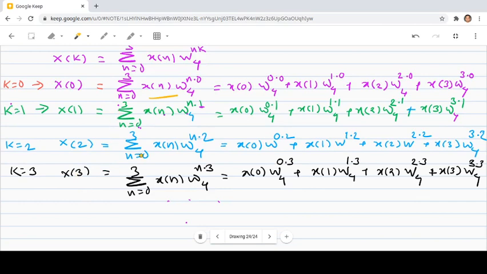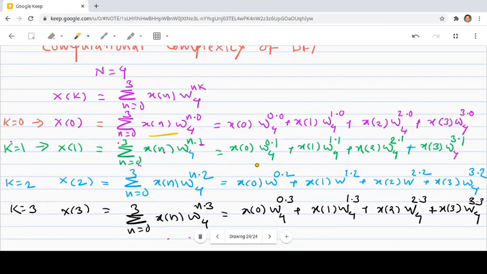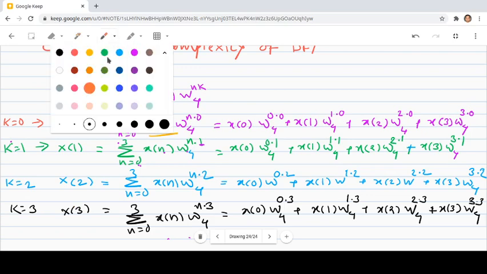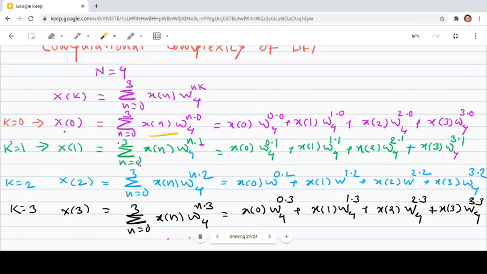My aim is not to evaluate these coefficients, but to observe how many additions and how many multiplications go into evaluating these 4 coefficients. Now I can note that to find X(0), I require this complex multiplication, because W is a complex term, a twiddle factor, it is e raised to minus j 2 pi upon N. So this is a complex multiplication.